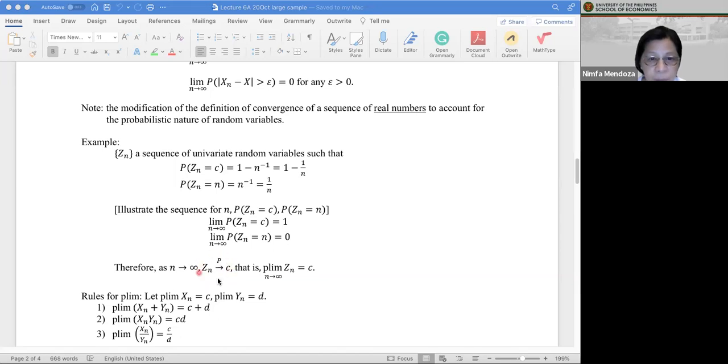So this notation is just this expression also: the p-lim of C sub n as n approaches infinity is equal to C. Let us see how this works.